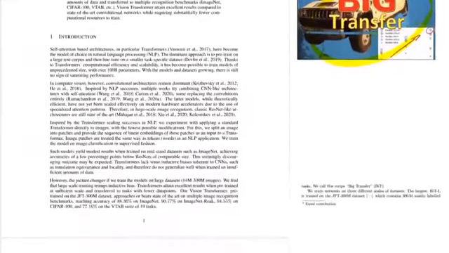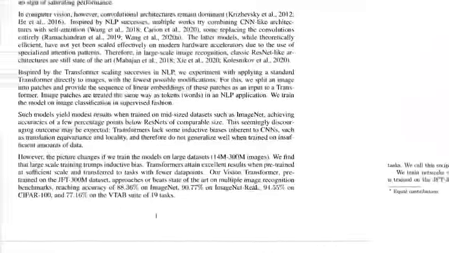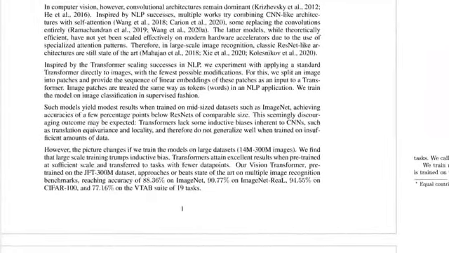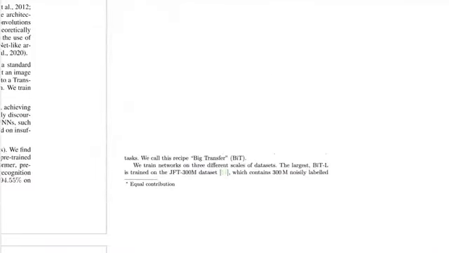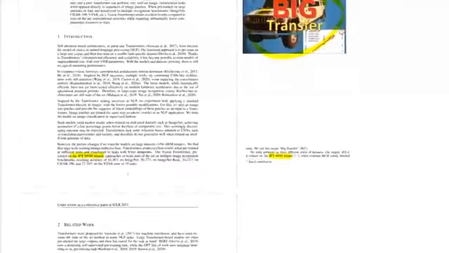So disregard the fact that the paper that we're discussing here uses a JFT-300M dataset that is not available to the public, only to Google. That is, and actually this other paper also trains on that. Disregard that.